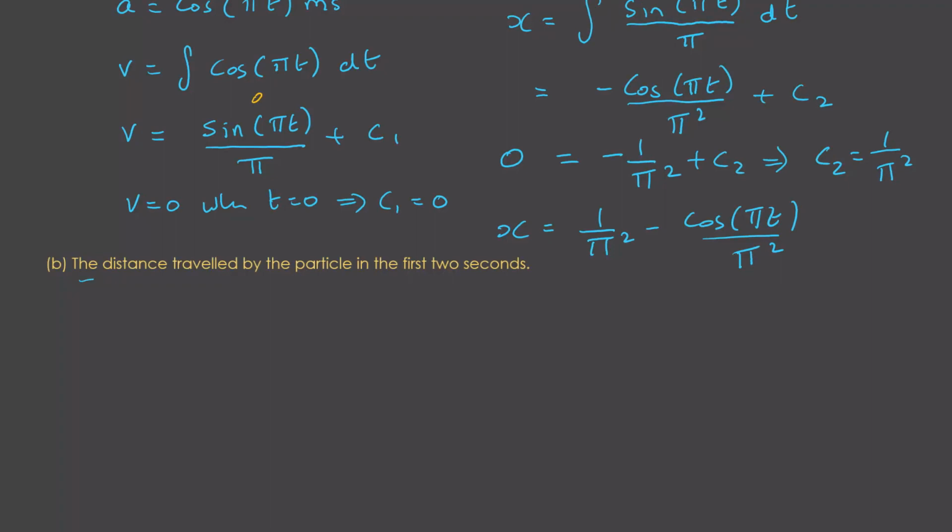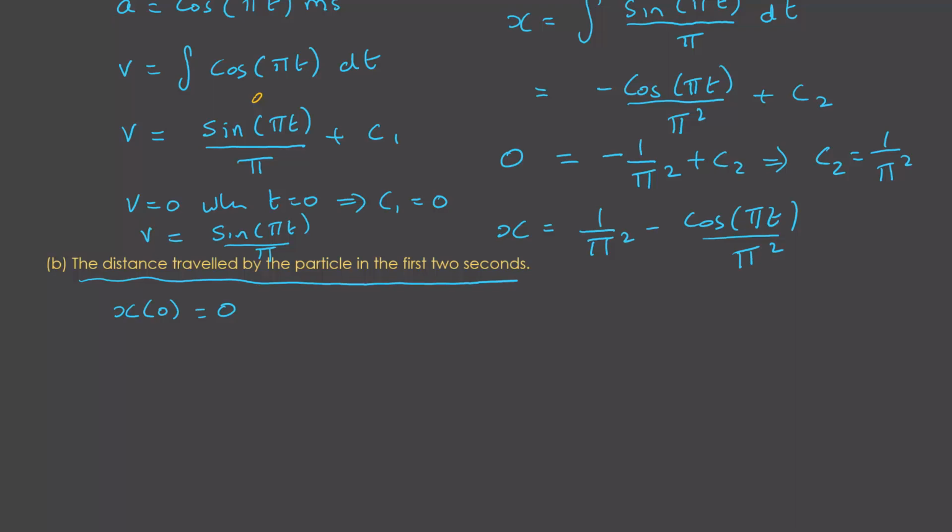Now, we want the distance travelled by the particle in the first 2 seconds. Well, we're taking, of course, x of 0 is 0, but we don't know exactly how the particle travels. Or at least we do, we just need to work it out. So we know from up here that v is sine pi t divided by pi.